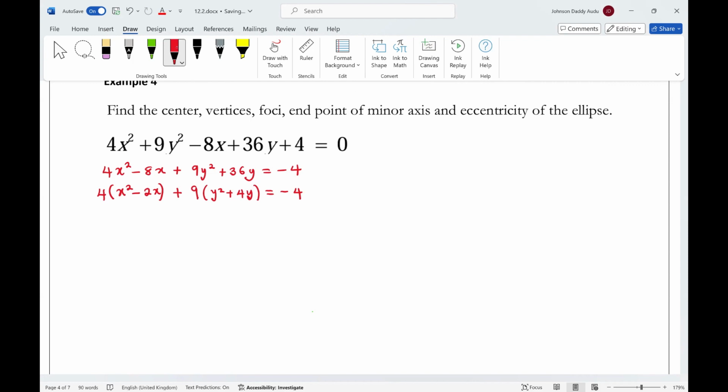Right, now to complete the square, we'll have 4 into x squared minus 2x. We have to add 1 and we have to subtract 1. Plus 9 into y squared plus 4y.